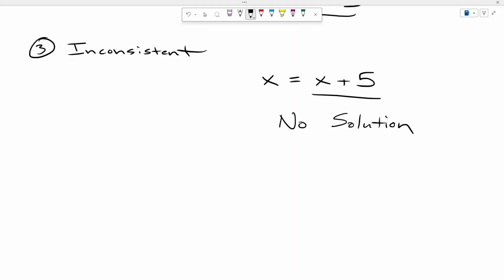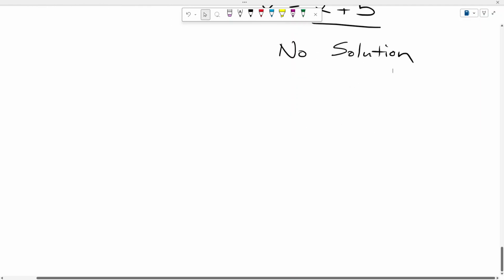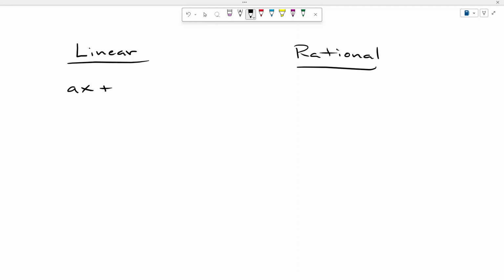All right, so to summarize things up, to give a broad overview of the main differences to remember from what we covered here, let's look at the difference between linear and rational. So remember, linear has our standard form, ax plus b equals 0.